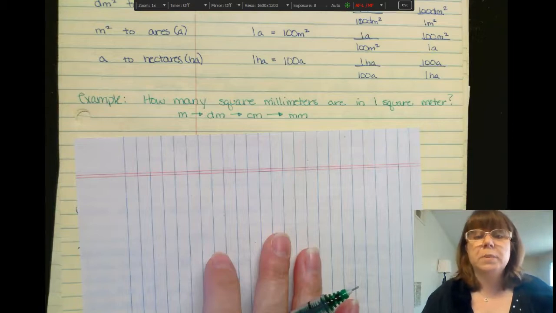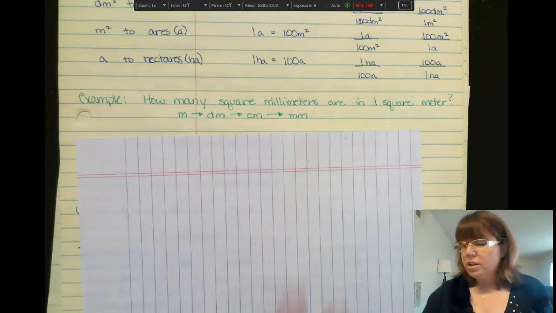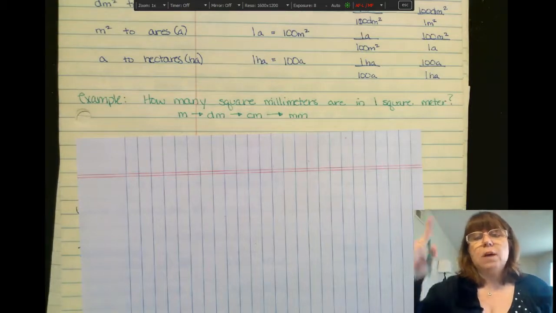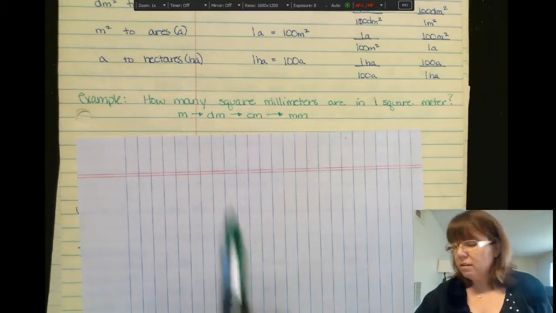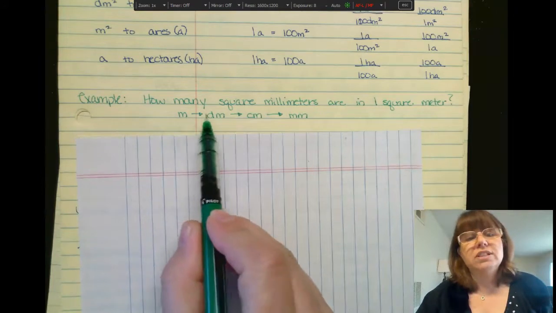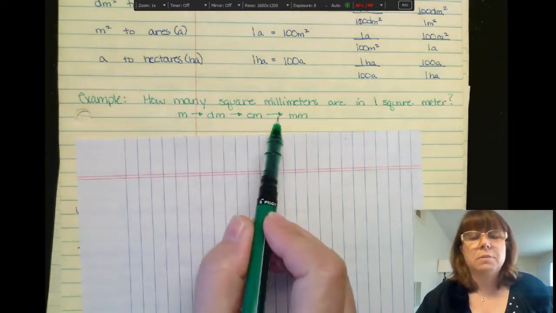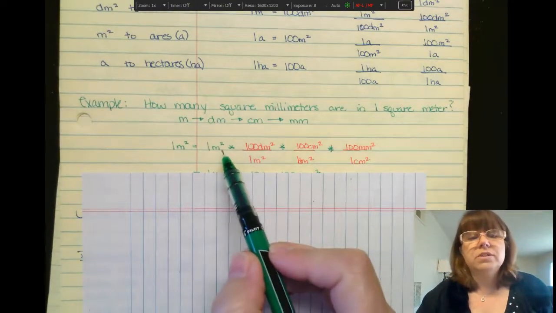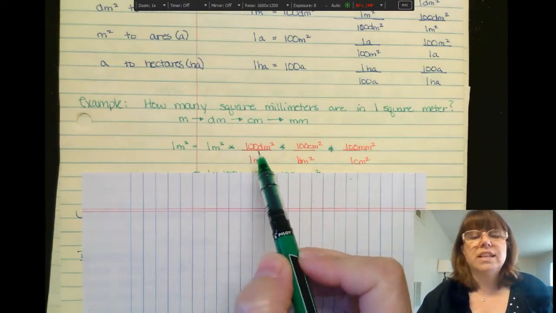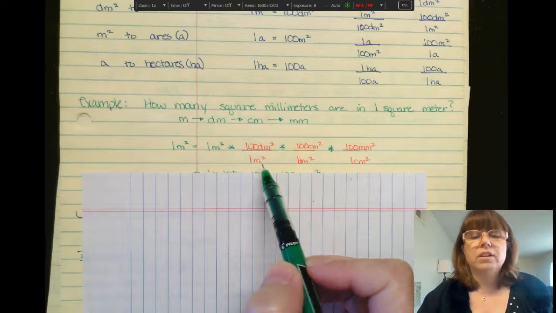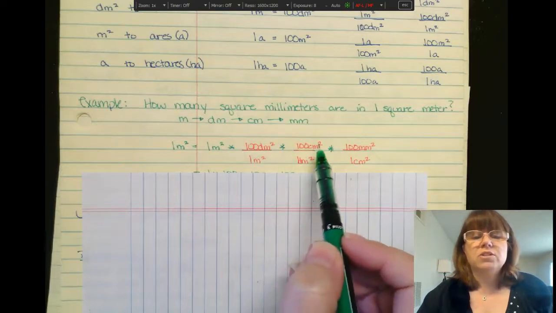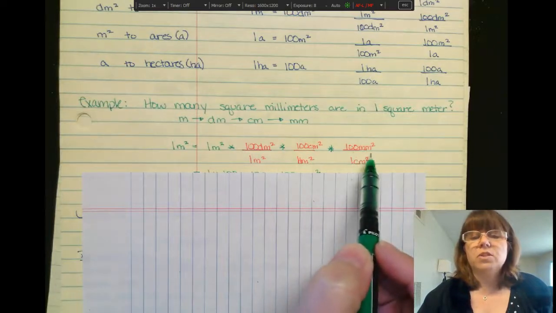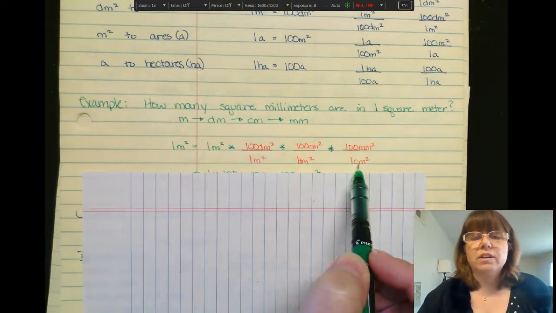How many square millimeters are in 1 square meter? So the easiest way to do it is, I have 1 square meter. How many millimeters are in there? So I go from meters to decimeters to centimeters to millimeters. There are 100 decimeters squared in 1 meter squared, there are 100 centimeters squared to 1 decimeter squared, and there are 100 millimeters squared in a centimeter squared.